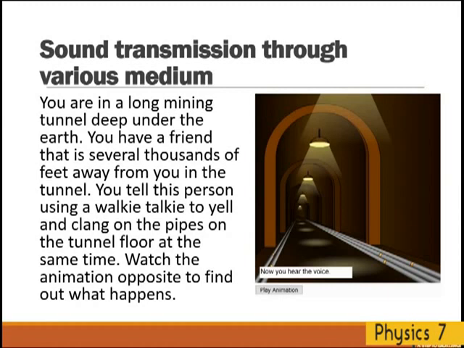So you will hear the sound through the pipe first, and then after a delay of a couple of seconds, you will hear the sound of the individual yelling 7,000 feet away from you in the tunnel.